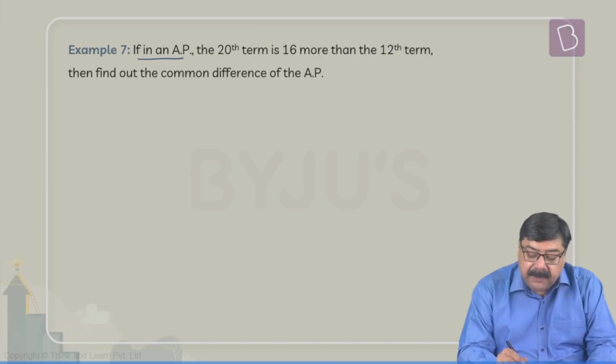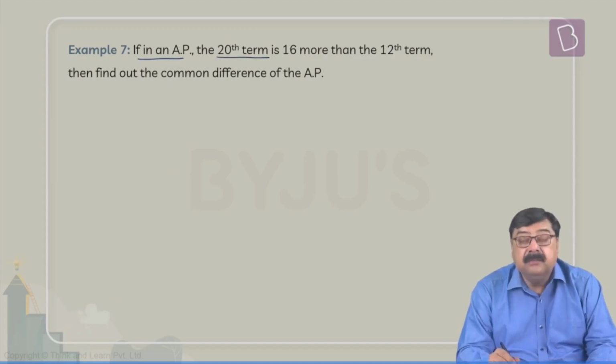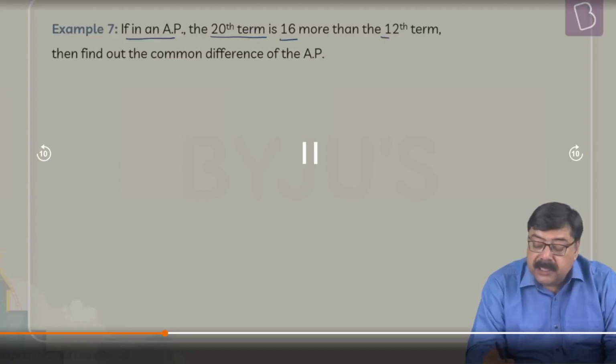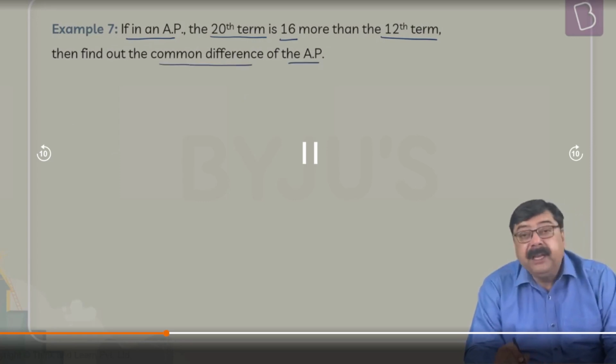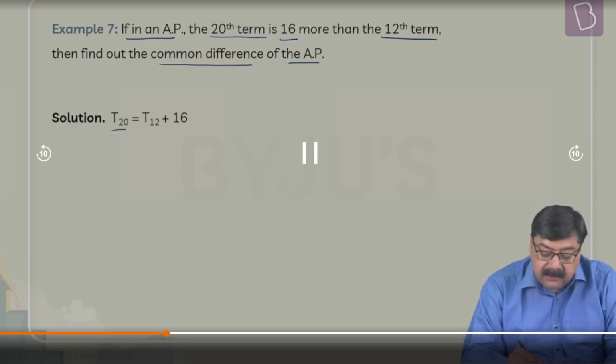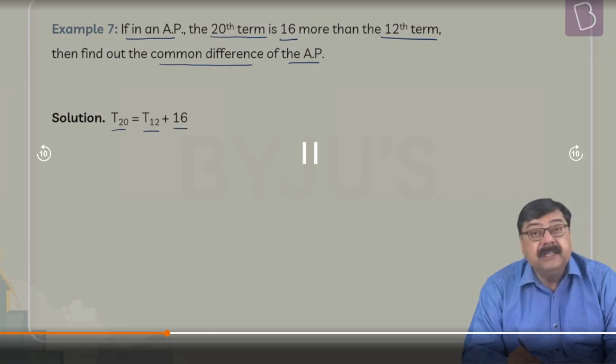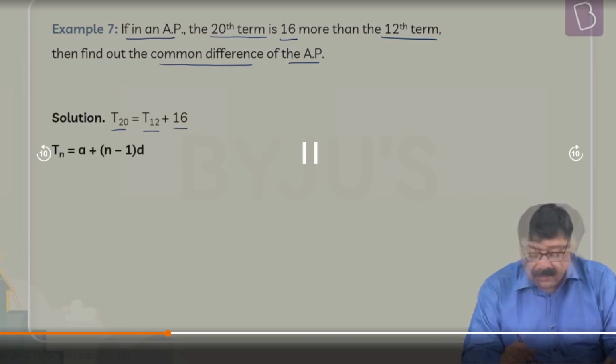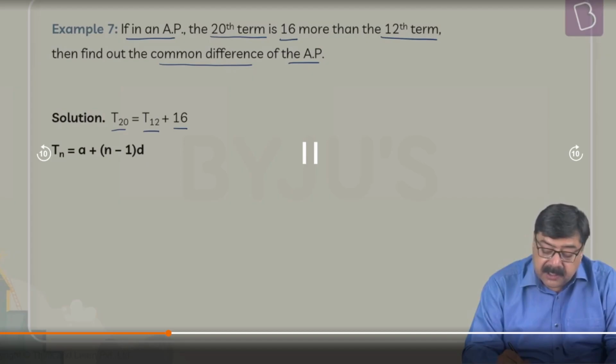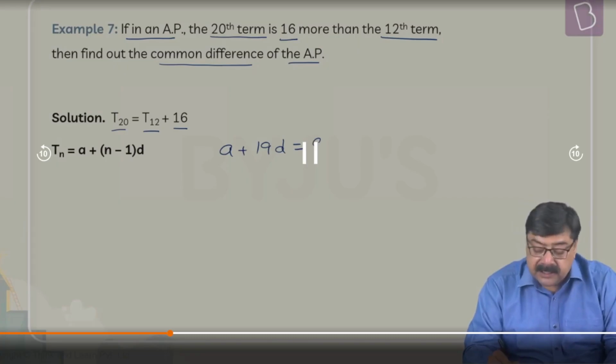Now if in an AP the 20th term is 16 more than the 12th term, then find out the common difference of the AP. So the 20th term here is 16 more than the 12th term. That is what is given to us here. Using the general expression, the 20th term can be written as A plus 19D, that equals the 12th term, that is A plus 11D, plus 16.